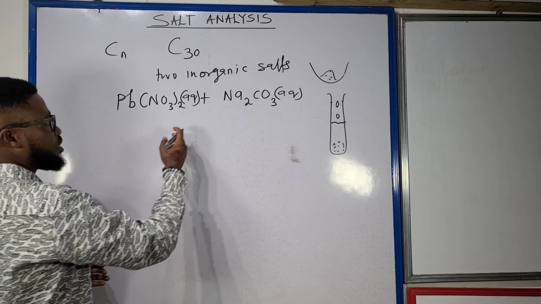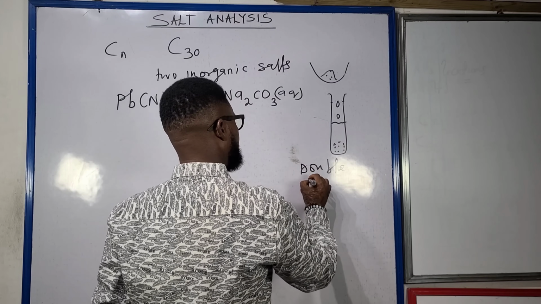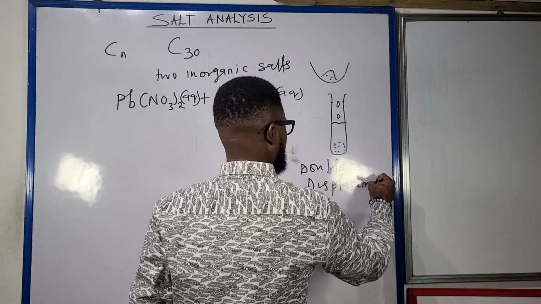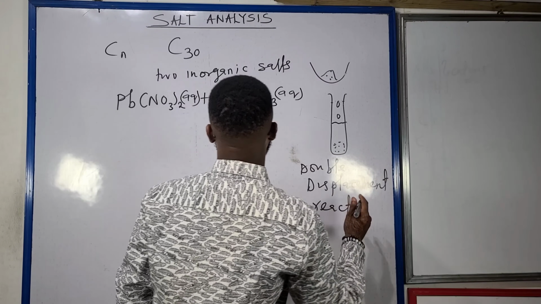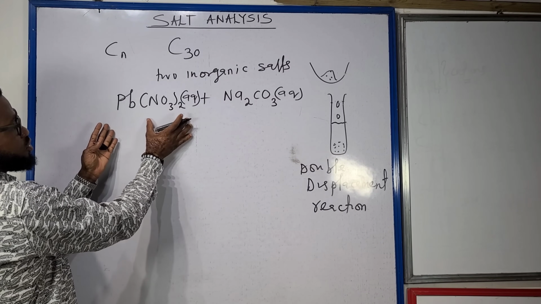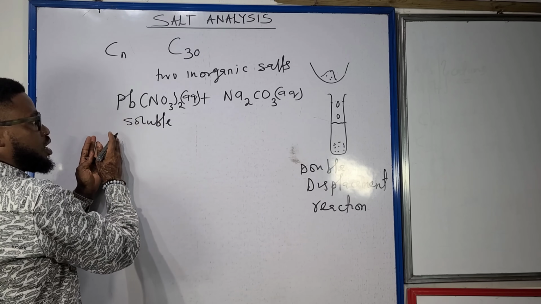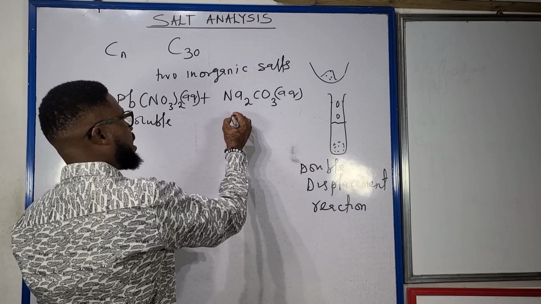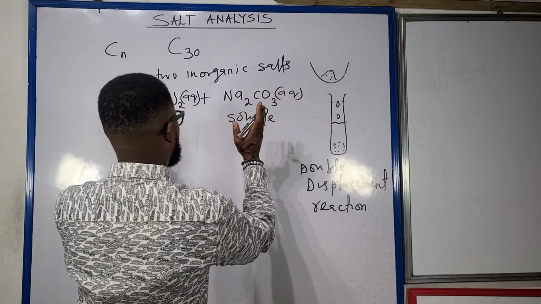So what will happen here is what we call a double displacement reaction. Given that lead(II) nitrate actually is soluble on its own, and sodium carbonate naturally on its own in water is a soluble salt, that's why we have aqueous, they are in solution form.